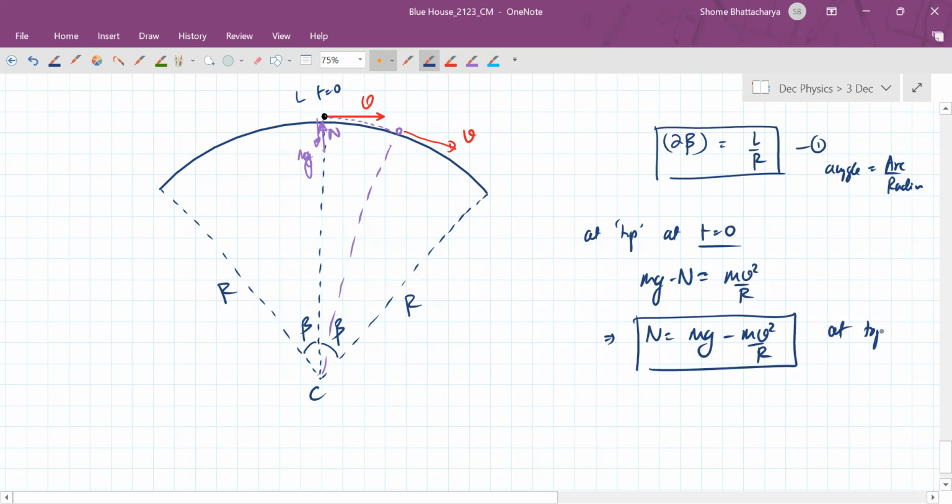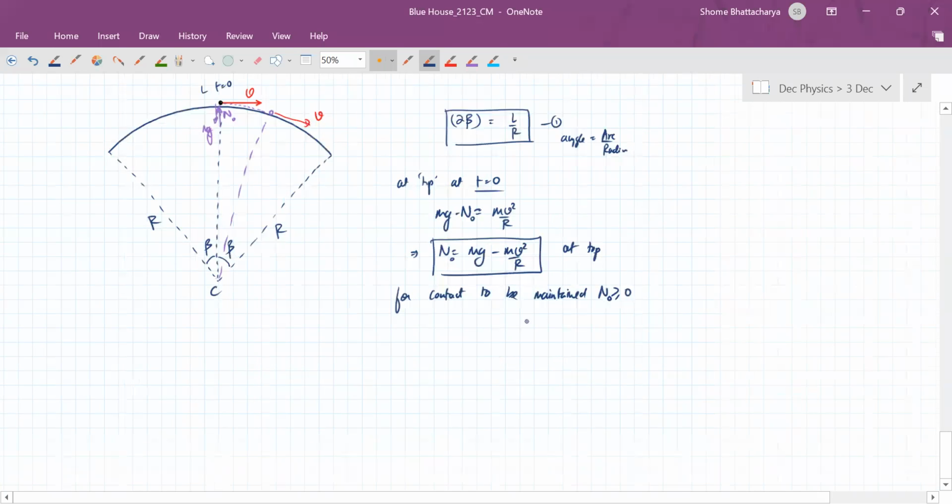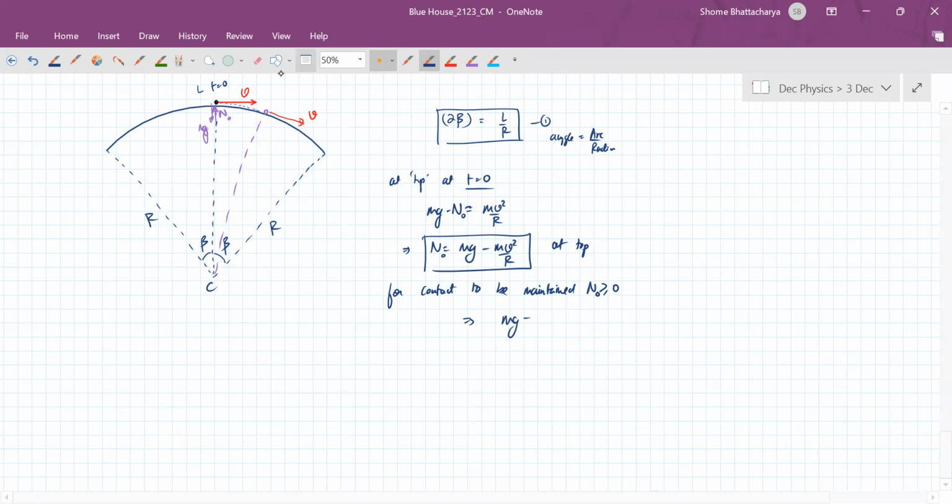In fact, let's write this as N naught so that we understand it's the normal reaction at the top. So for contact to be maintained, N naught should be greater than or equal to 0. Equal to 0 also means it has lost contact just about.